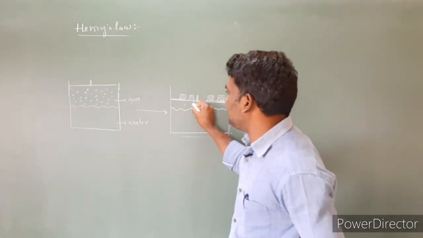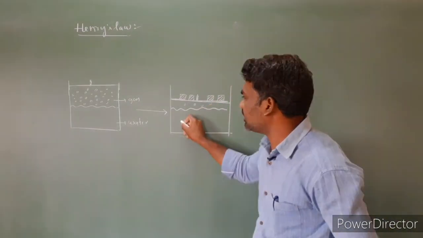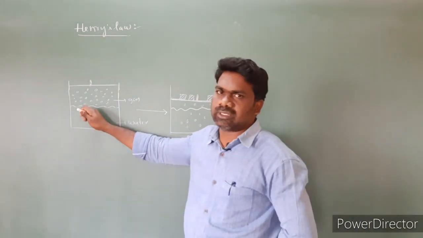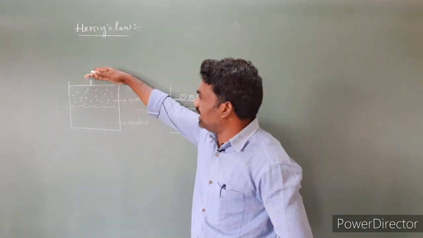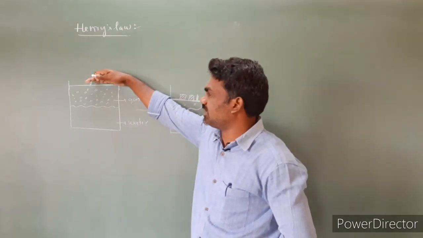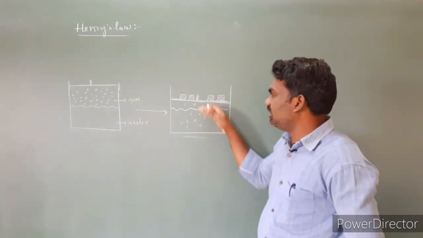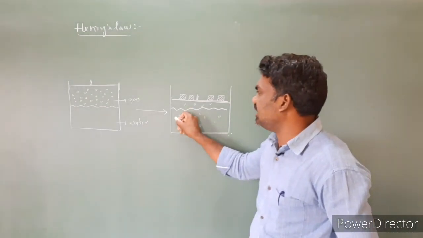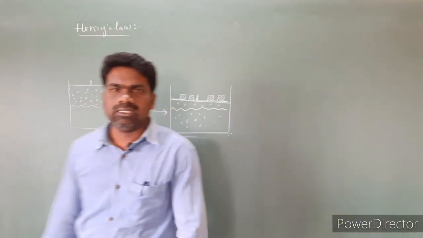When the gas is compressed, the gas molecules will enter into the liquid. For understanding purposes, initially there are no gas molecules in the liquid. Whenever the weight on the piston is increased, the gas molecules enter the liquid, which means the gas is dissolved in the liquid.